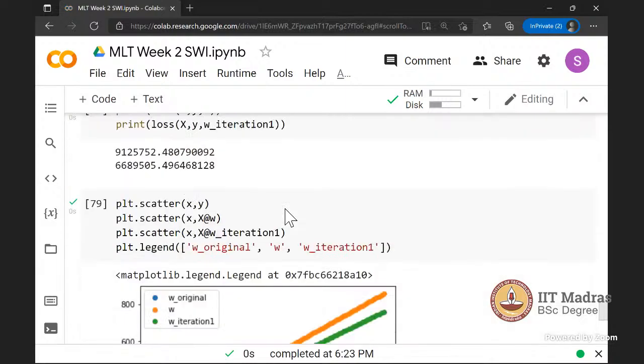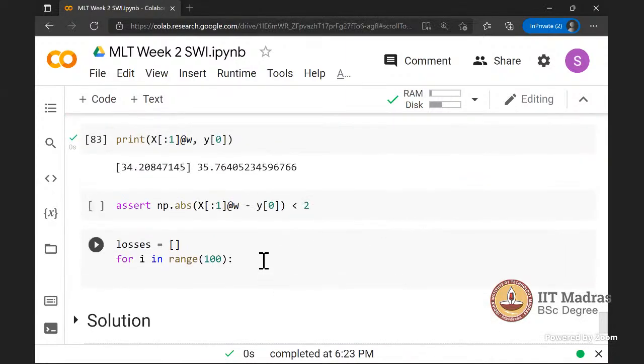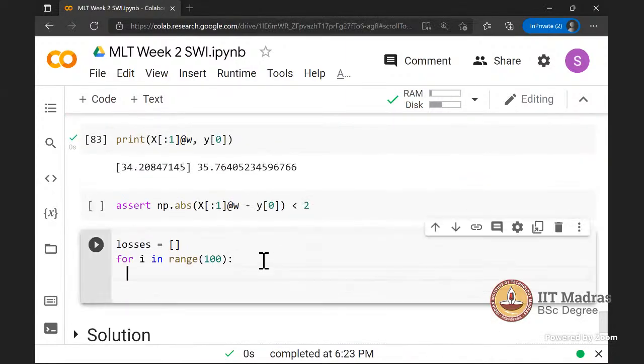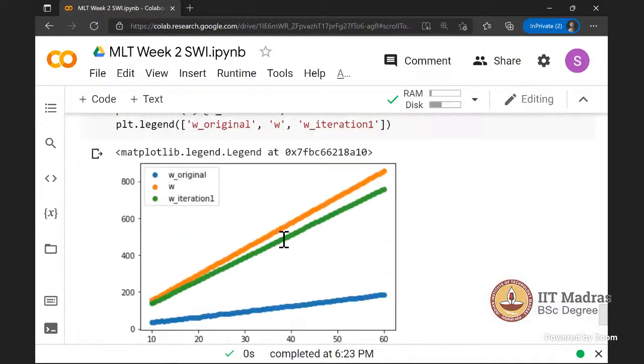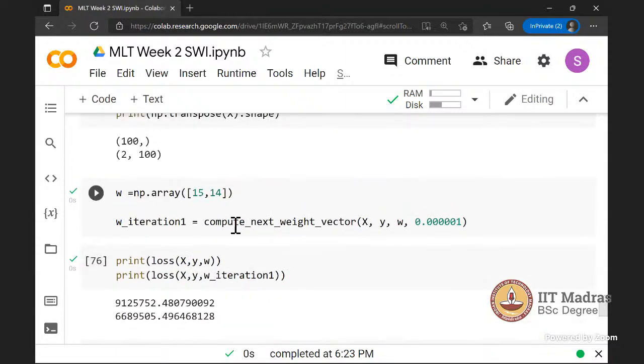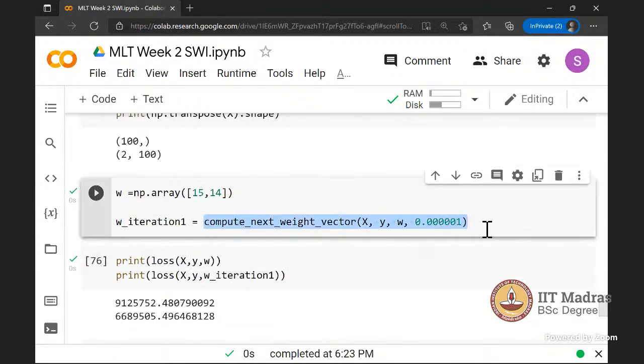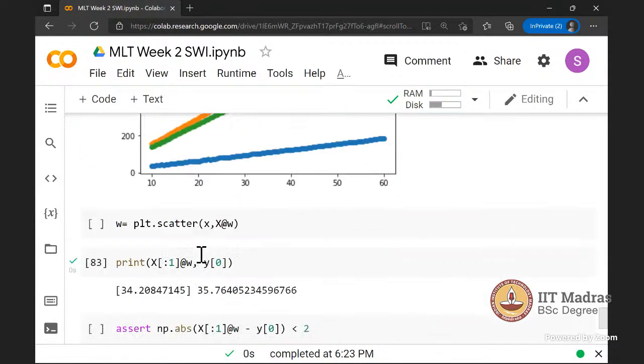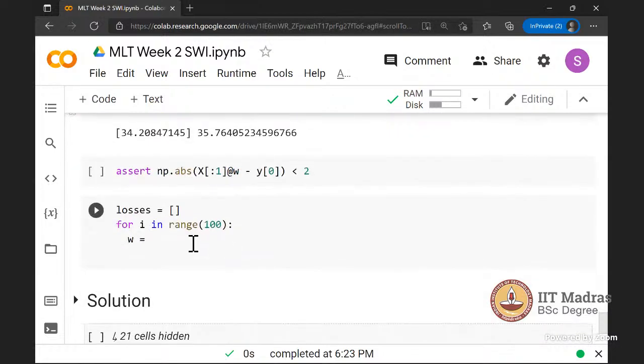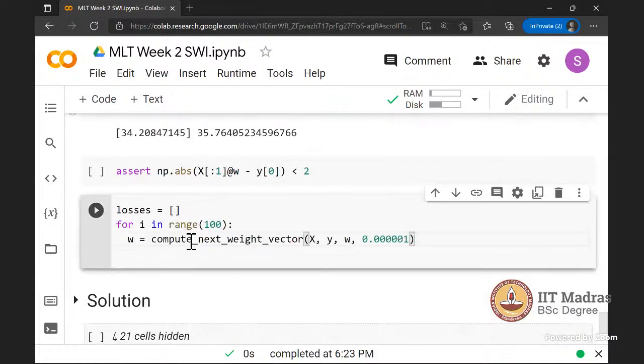Let's keep it like this. What I want to do is compute W with the help of this method, and then compute the loss.